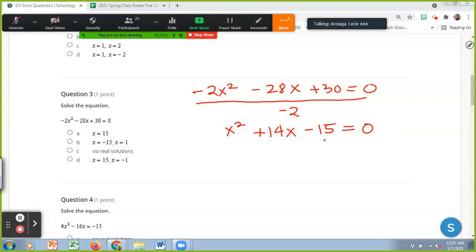Give me 2 numbers that multiply to -15, but when you add them, you get positive 13.